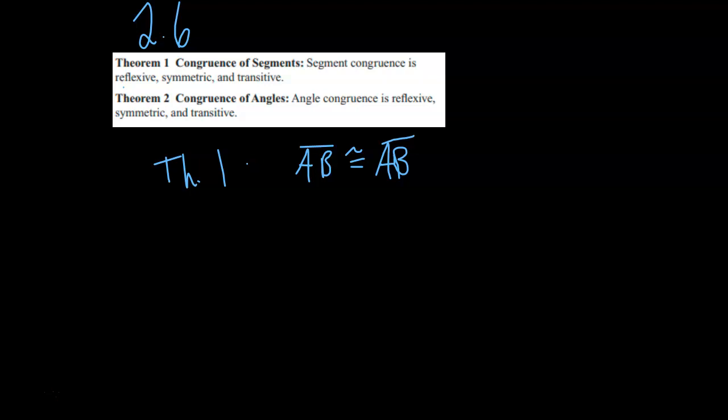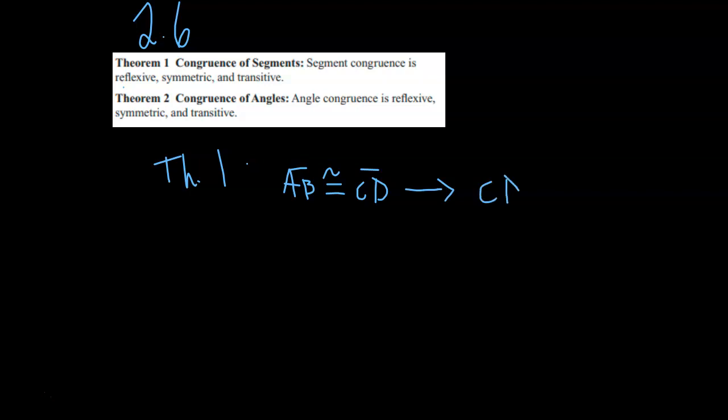That it's symmetric, I might have two segments congruent to each other. For instance, we might have AB is congruent to CD. Sorry for that little jump in the screen, I had some technical difficulties. But the symmetric property implies that this could be written as CD is congruent to AB. So you can switch the order.